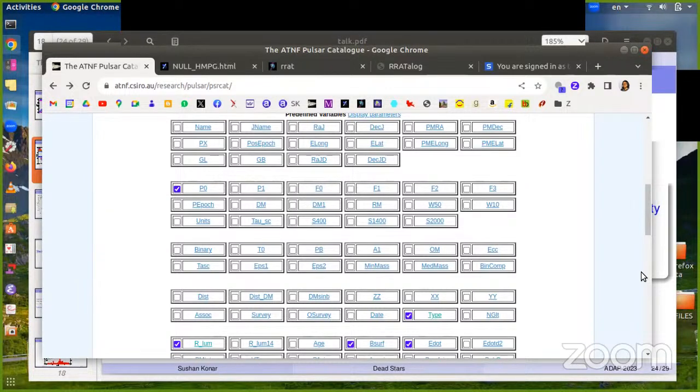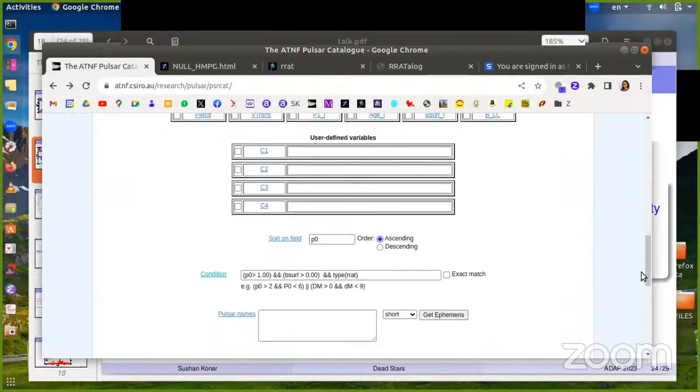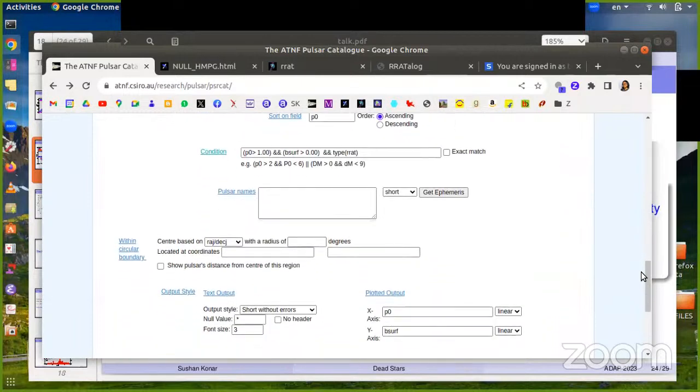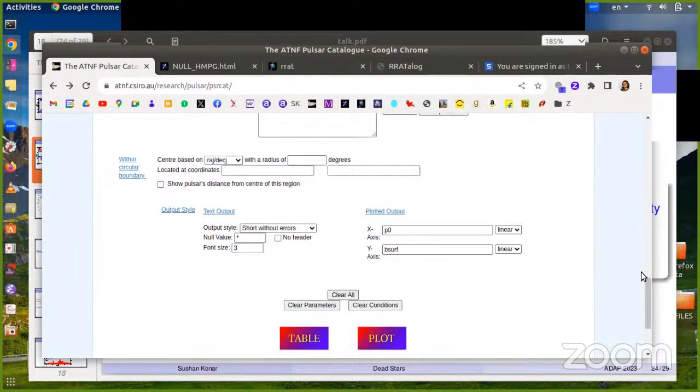Many objects have values that people have not looked into or haven't been able to get. So that's okay, but you will get a huge number of values. Unfortunately, their plotter is not working since the last few days. Otherwise, I would have shown you some quick plots here itself.